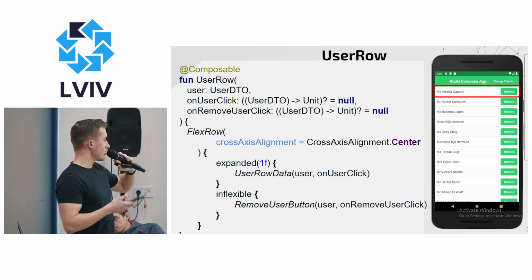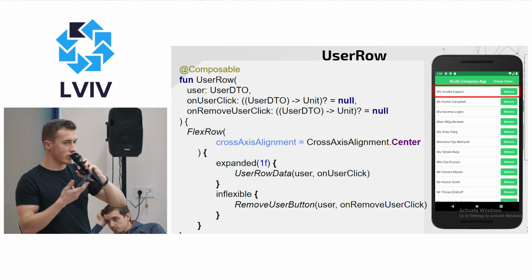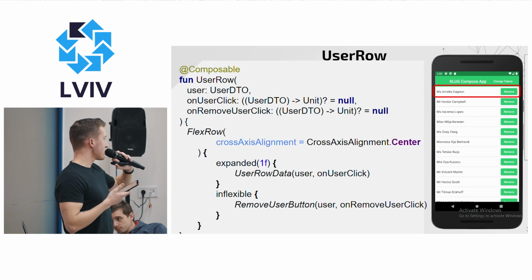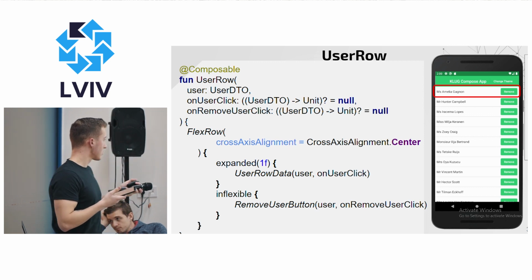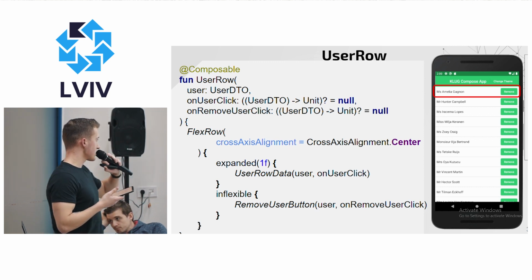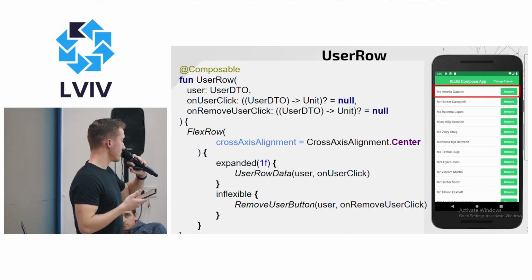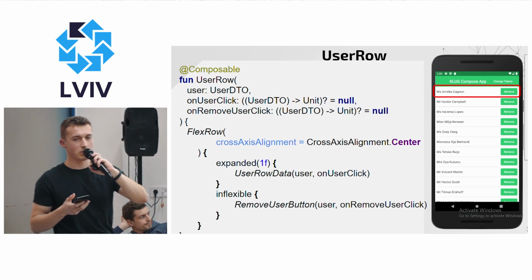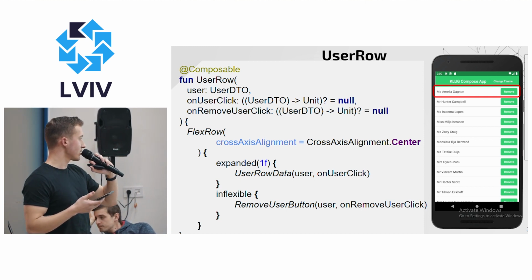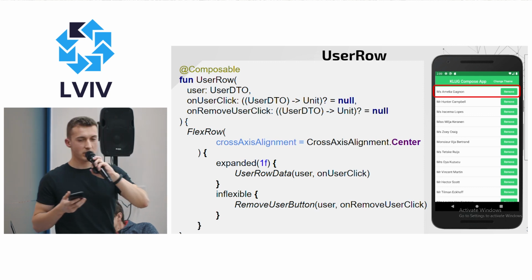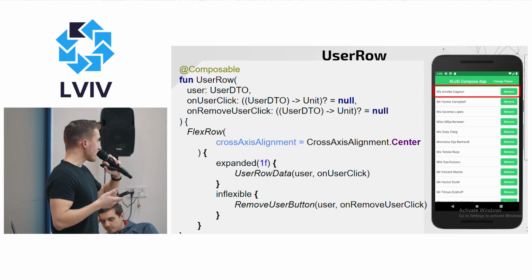And actually here is Row and FlexRow. The difference is with these Expanded, Inflexible and Flexible functions. Actually, here are only two of them, but yeah.